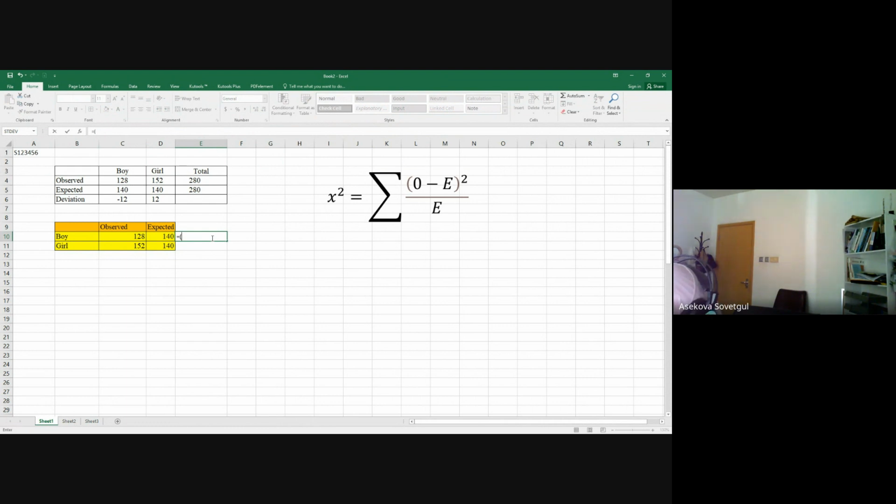I will open the bracket using this formula: observed values minus expected values, squared, divided by, again, expected values, like this. And simply enter. So we got this value.